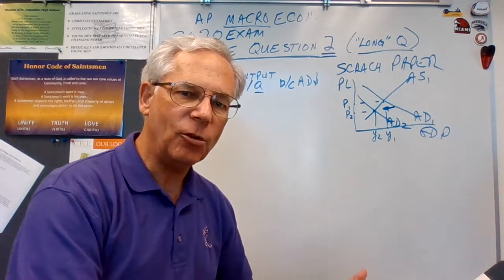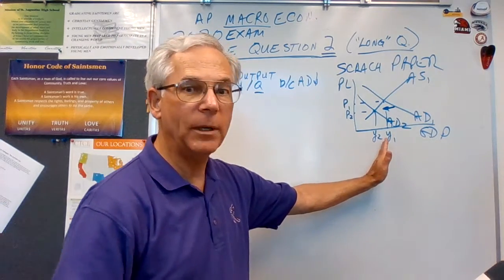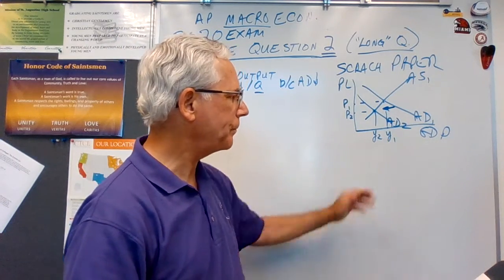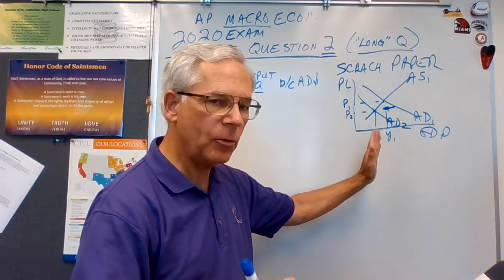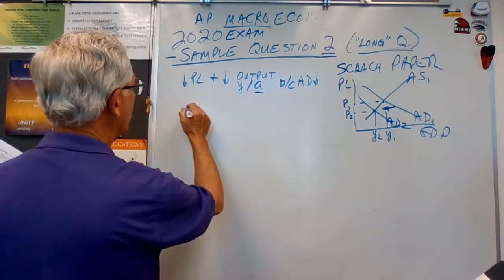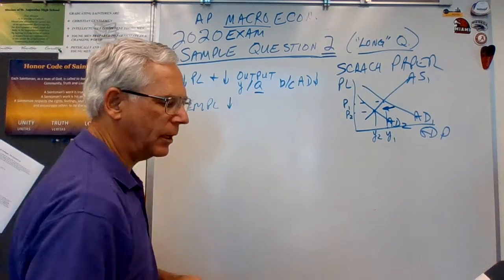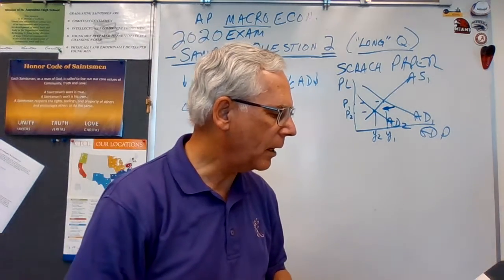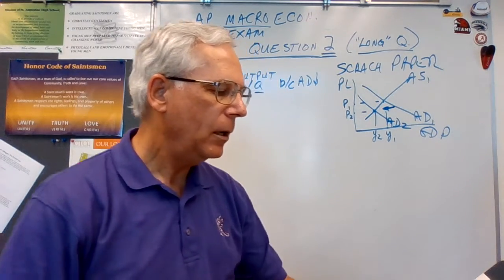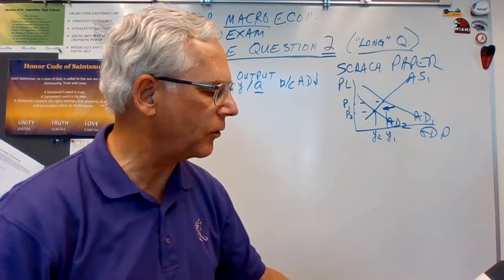They might have asked you to explain how unemployment is affected. Unemployment increases. So be careful, read thoroughly what they're asking. They want you to talk about employment, E-M-P-L, employment declines, okay? And I think they wanted you to explain, and that explanation is because output decreases.